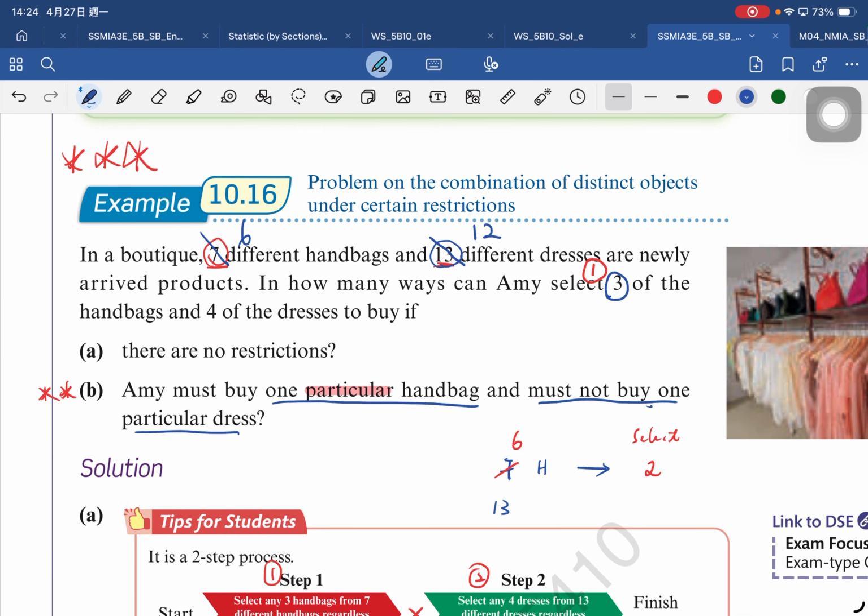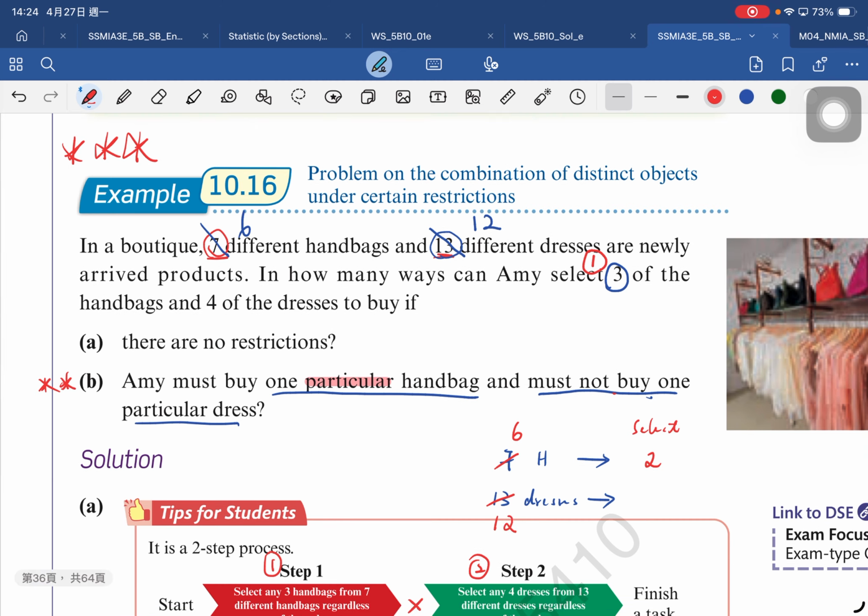Originally, there are 13 dresses, but one particular dress she must not choose. That means there are only 12, but she still selects 3 dresses. Understand what I mean about this sentence? This is part B. Think about it.